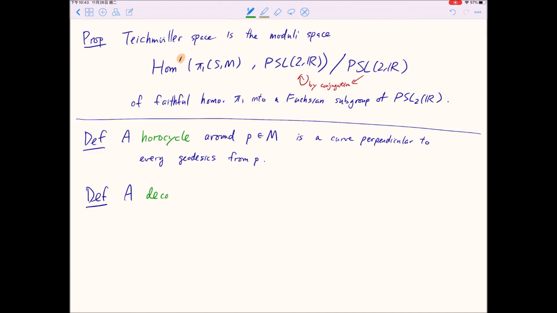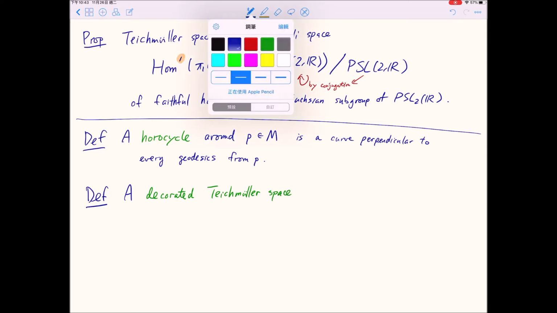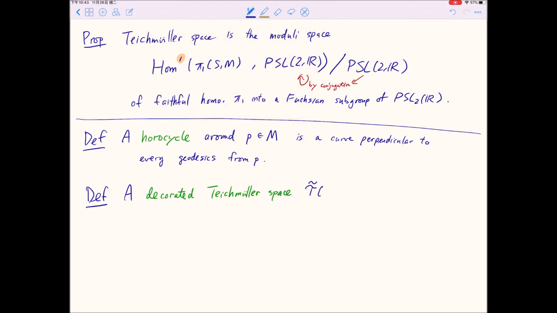We will define a slightly bigger space called a decorated Teichmüller space, with a tilde. This will be just the usual Teichmüller space together with the information of the horocycle around each puncture.